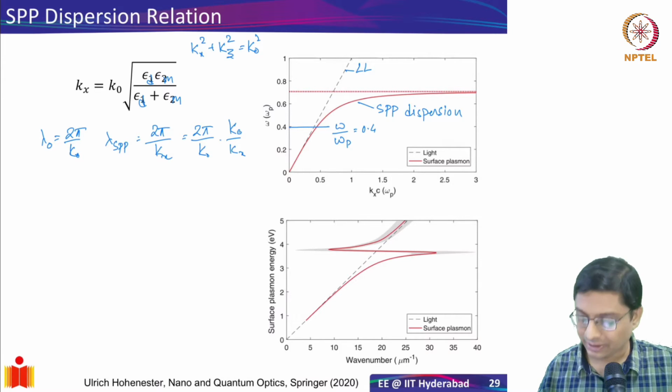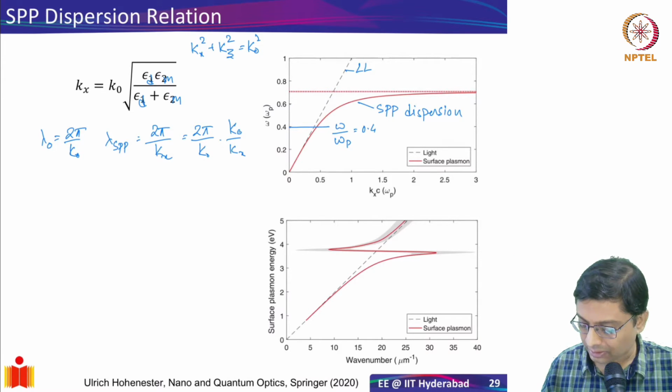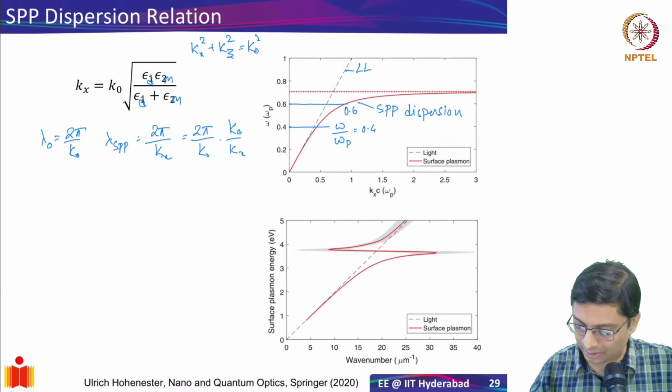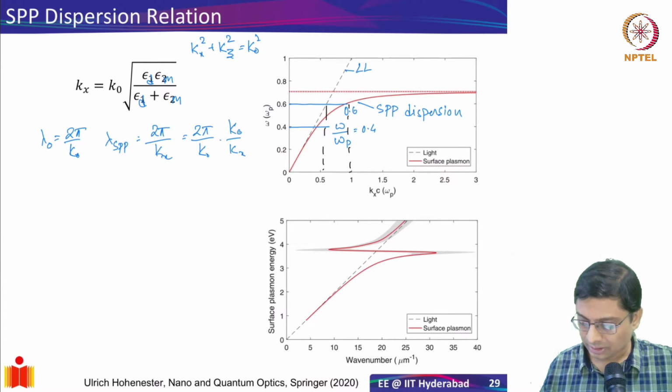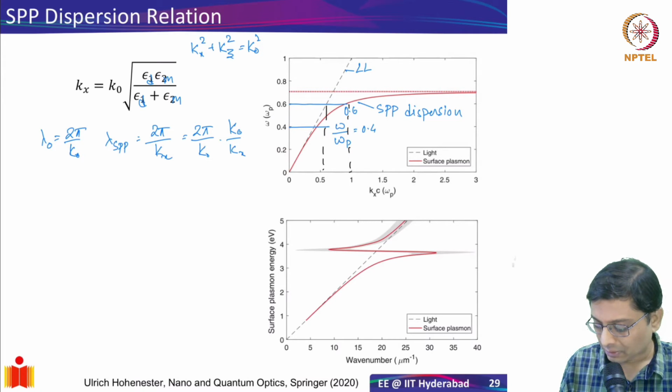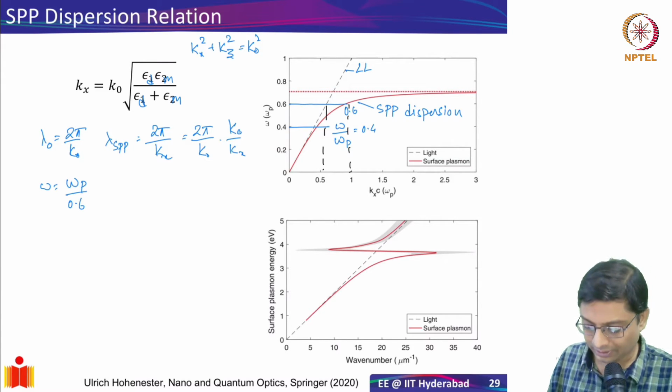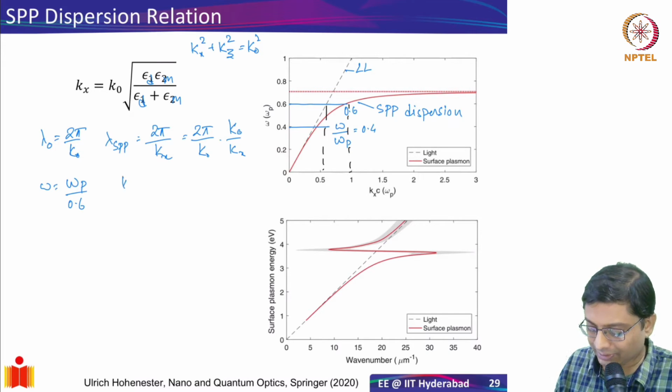Whereas, if I take another frequency, let's say this one, omega by omega p equal to 0.6, clearly you see that at this frequency my k naught is roughly 0.5, whereas my kx is roughly 1. So, in that particular case, my kx by k naught is roughly 1 divided by 0.5, that is about 2.